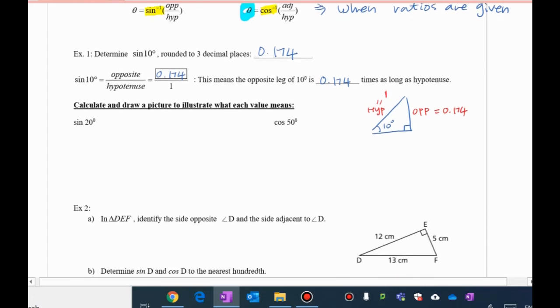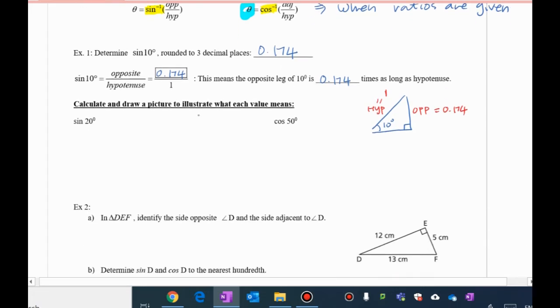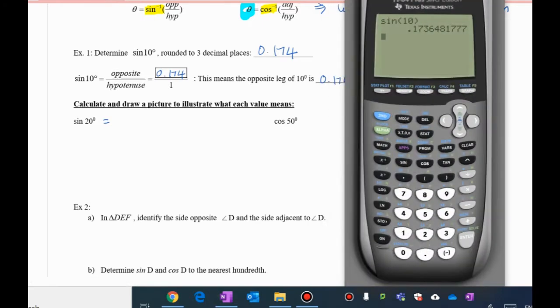Calculate and draw a picture to illustrate what each value means. Okay, so sine 20 degree. The angle is given. We want to know the ratio. So let's find the sine 20 degree. That is 0.342.